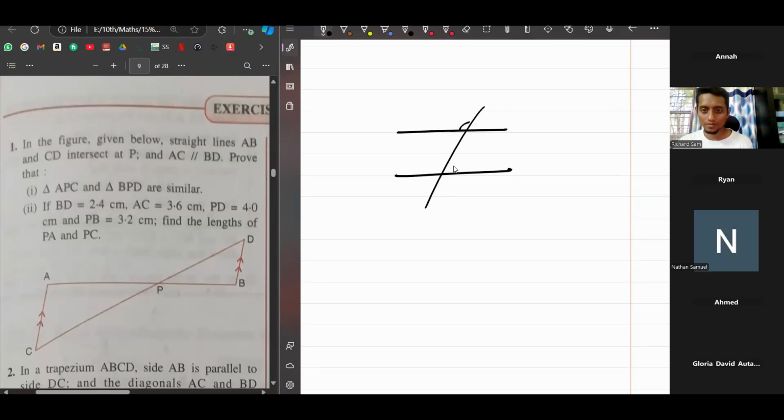Next. Corresponding equal. Next. Alternate exterior. Property? Equal. They're equal. Alternate angles are always equal.